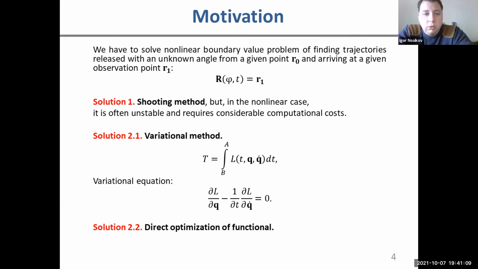An alternative approach can be based on the variational principle of stationarity of travel time. For example, we can write the functional of the travel time and construct the variational equation as the first step. As another step, we can use direct optimization of the functional.